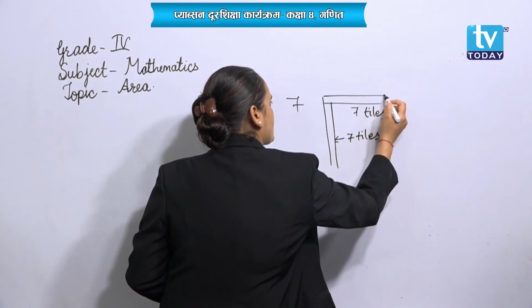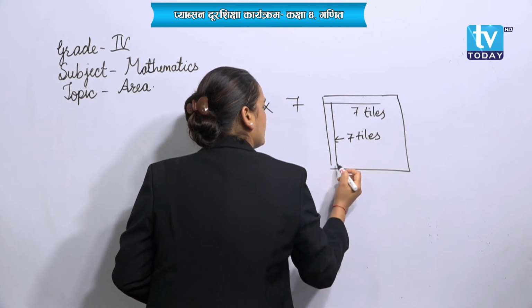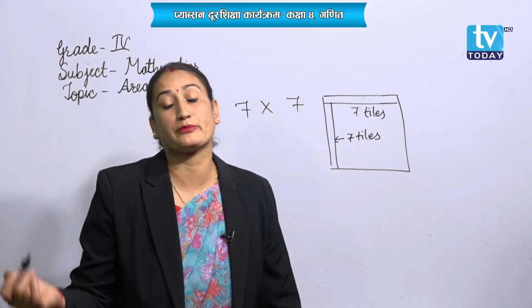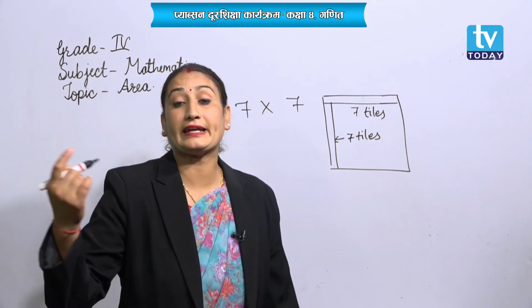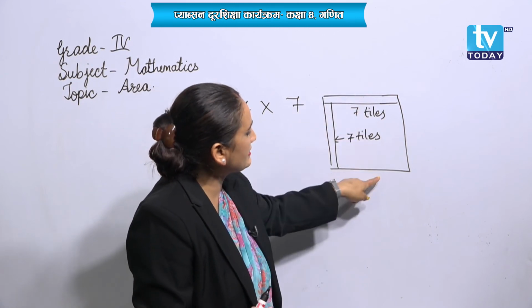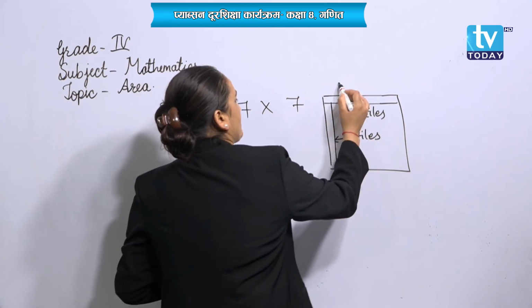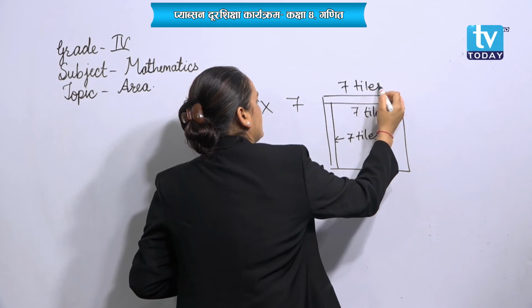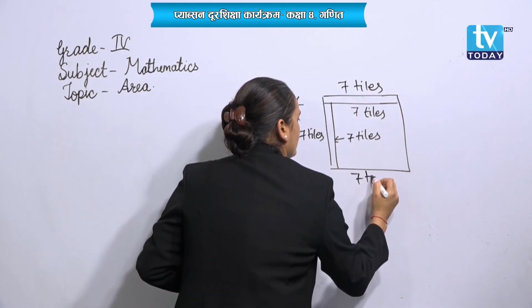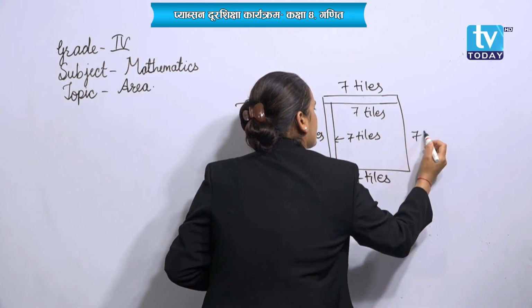Now you need to fix tiles in the total land. So what does he have to do? He has to multiply so that he can complete it, because these sides are equal. 7 tiles on this side, 7 tiles on this side, 7 tiles also on this side, and 7 tiles on this side.